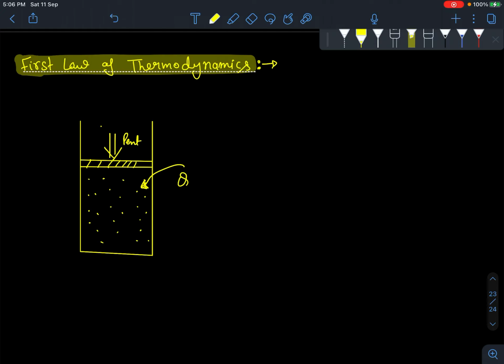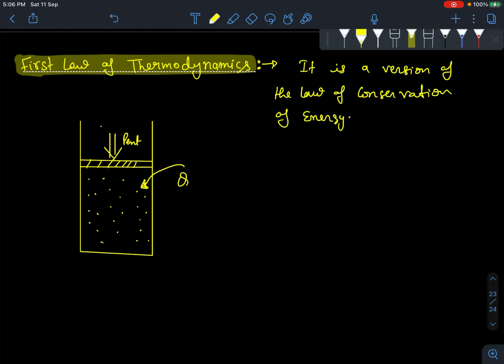Okay, so please make a note. The first law of thermodynamics is a version of the law of conservation of energy. Means energy can neither be created nor be destroyed.